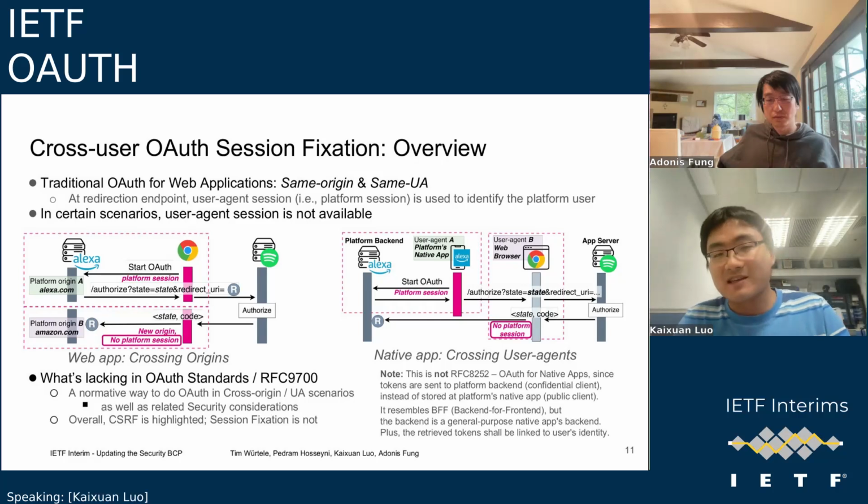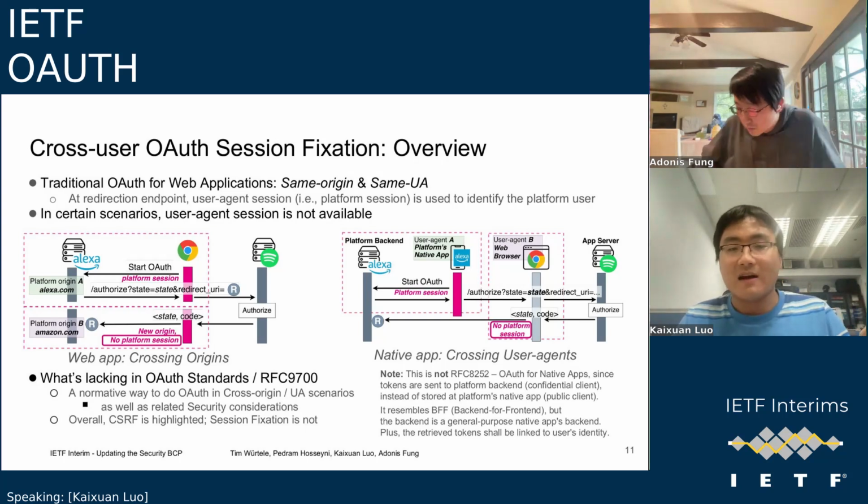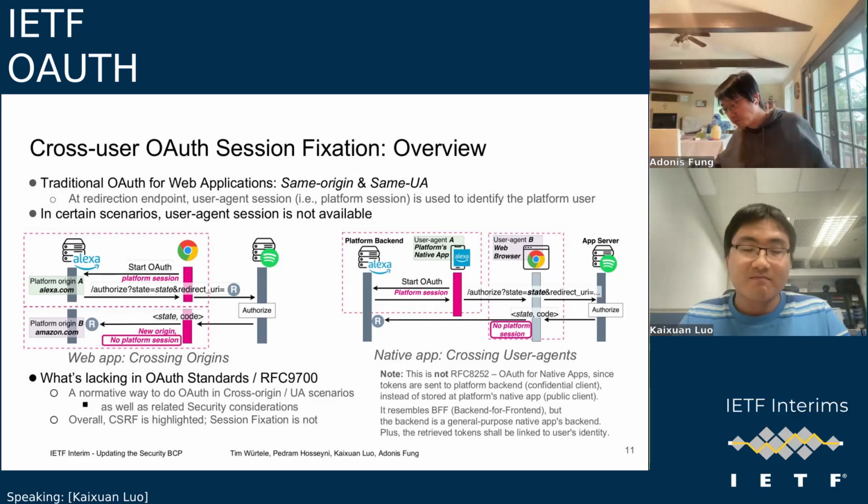If you look at the right-hand side, it's a little bit similar to this BFF, backend for front-end architecture, that's discussed in some of those advanced OAuth specs, like OAuth for browser-based apps, or even OAuth 2.1. But here the difference is that this backend is a general purpose native apps backend, plus the received tokens are not just stored in the BFF. They shall be linked to the user session or user identity at the platform.